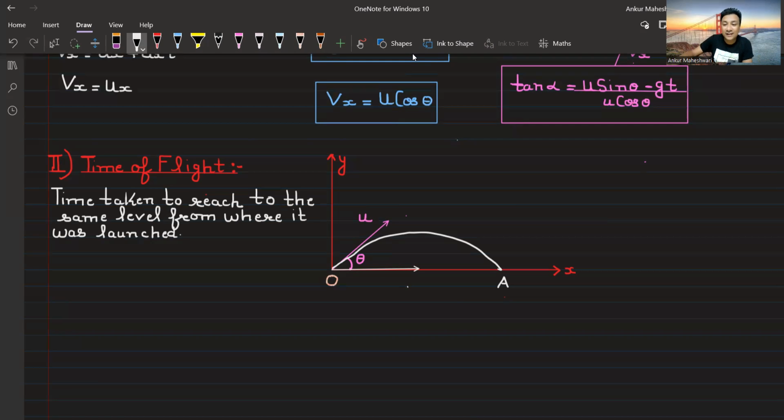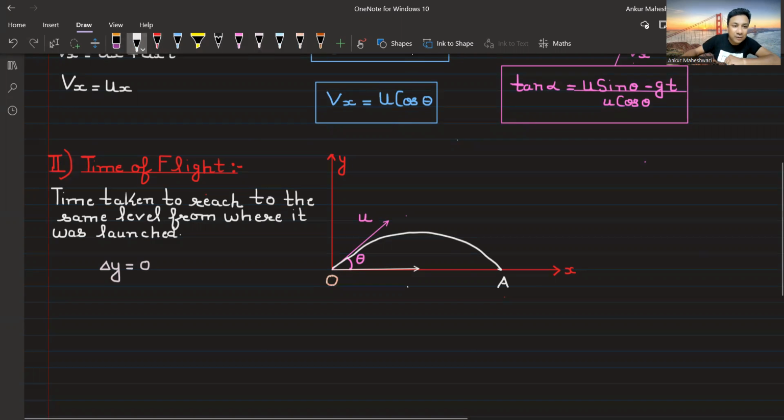So O to A is my final displacement. As you can see, the final displacement is along the x-axis only. That means its net displacement along the y-axis is 0. Okay, so this delta y is 0.